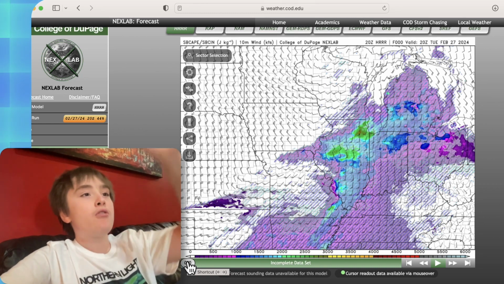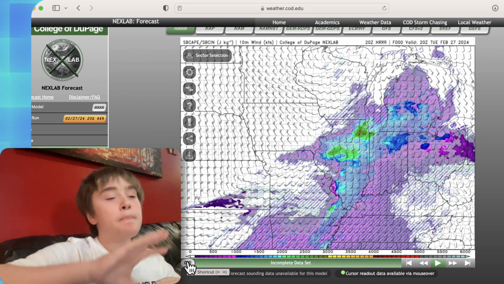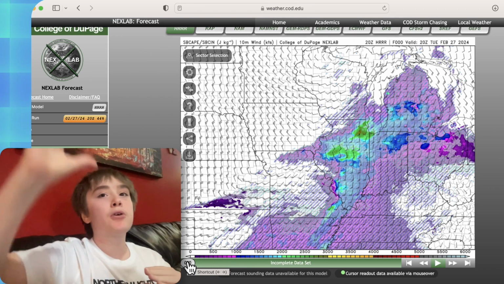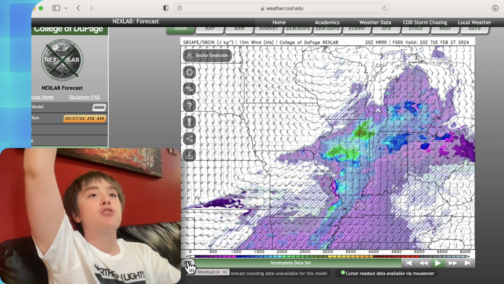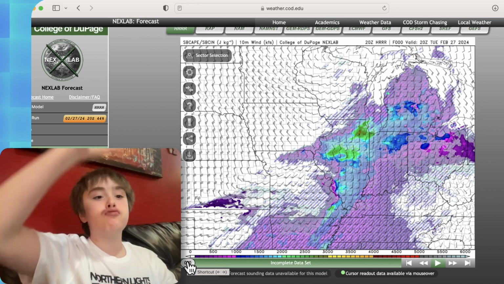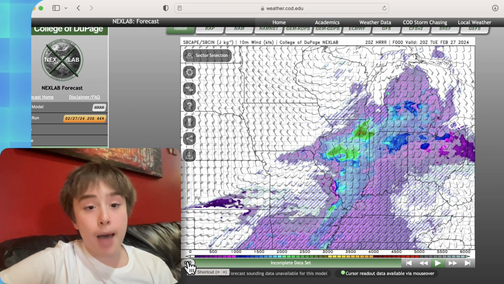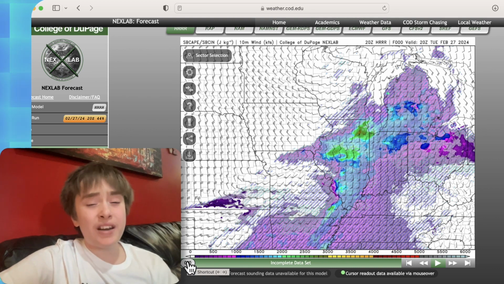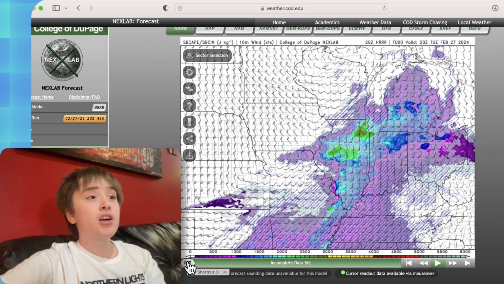At the bottom there's warm air, and there's a gradual transition all the way up to the top of the atmosphere where the air is cold. That's how storms form, with a gradual transition between warm and cold throughout the atmosphere. And that is what helps storms build their structure and move farther into the sky.